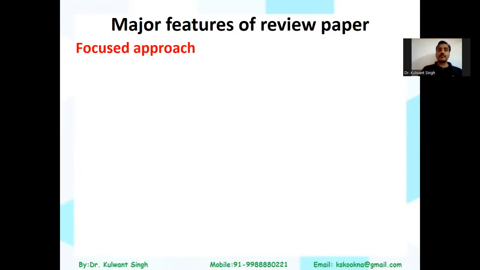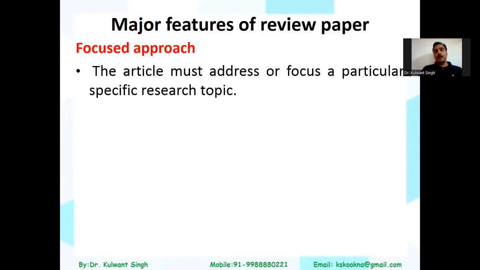Next is the focused approach. The article must address or focus on a particular specific research topic, not the journal topic. It should be a specific topic. It cannot have a very wide scope.